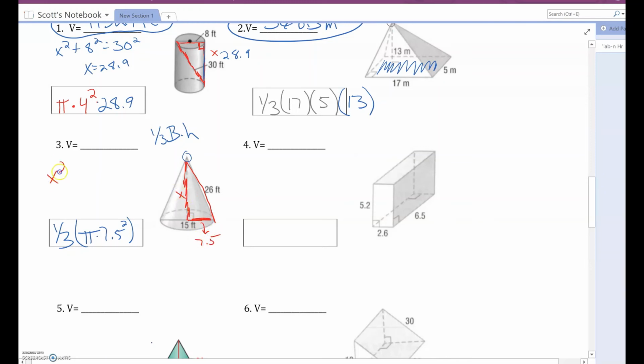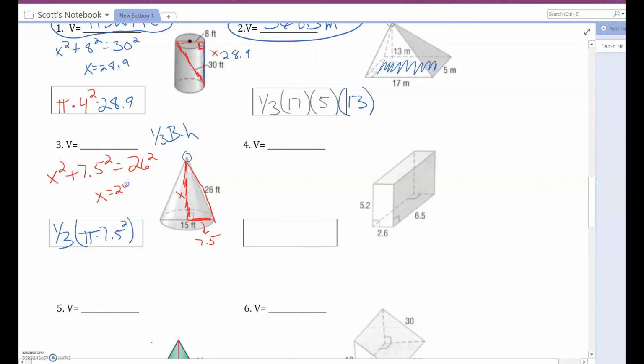I need to find that height. So I'd do x squared plus 7.5 squared equals 26 squared. Whenever you solve for the height, you're going to subtract that, find the square root. You should get 24.9 for the x.